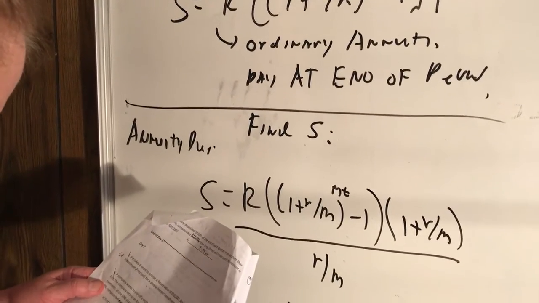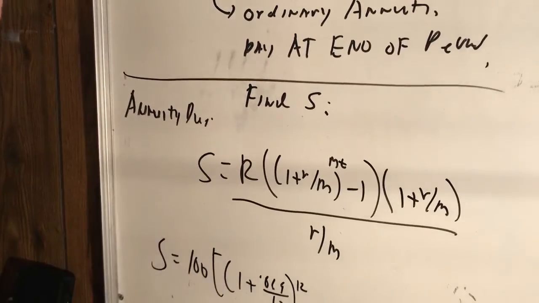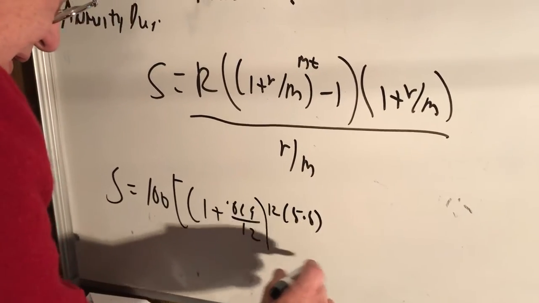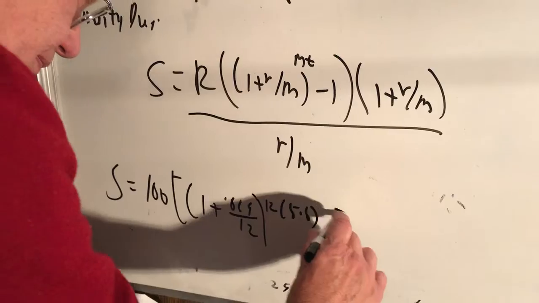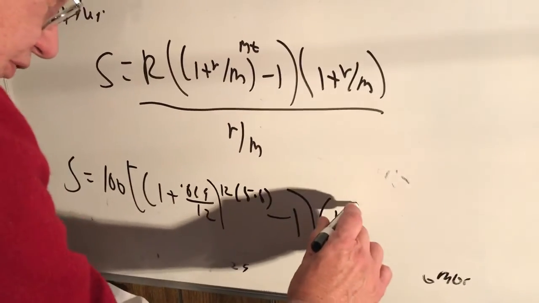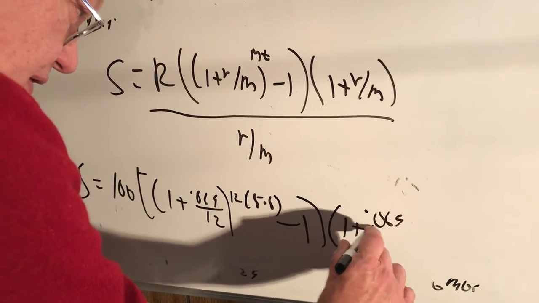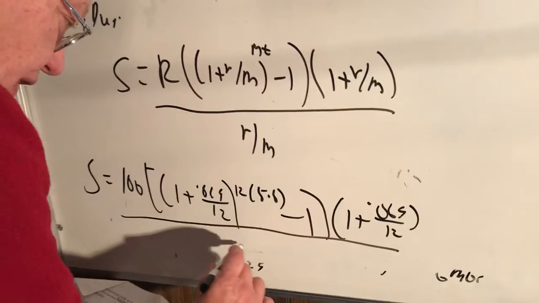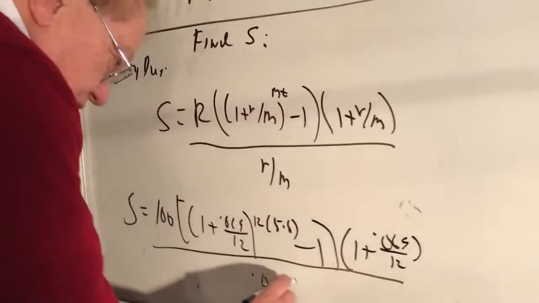Let's see. 5.5 years. That's going to be minus 1, times 1 plus 0.069 over 12. That's the appendage. Now the whole thing is divided by 0.069 over 12.